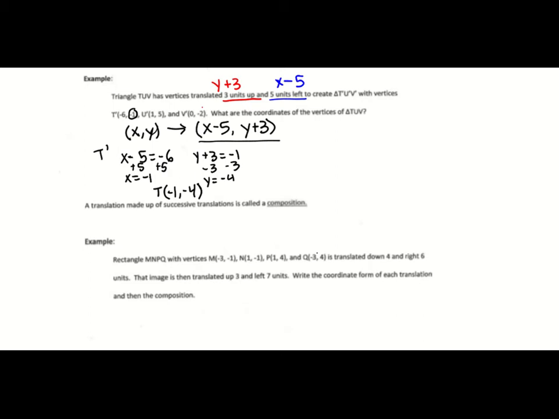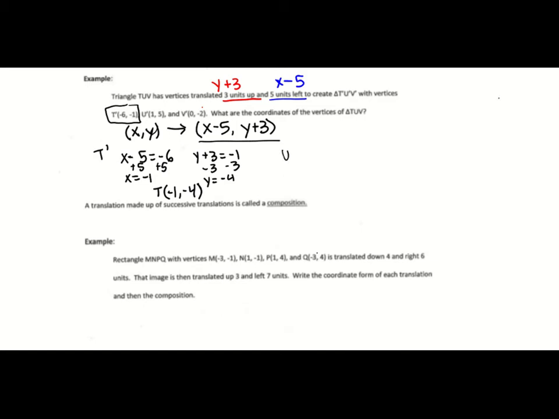And if you want to check that, you can plug these into our transformation up top. Negative 1 minus 5 gives us negative 6. Negative 4 plus 3 gives us negative 1, which is our t prime point up here. Okay, so then we have to do that same process for point U and point V.